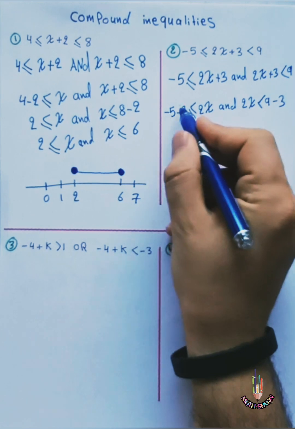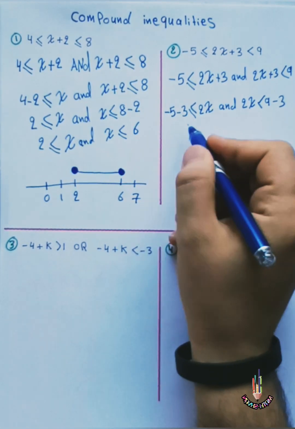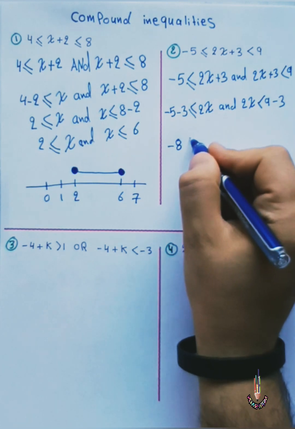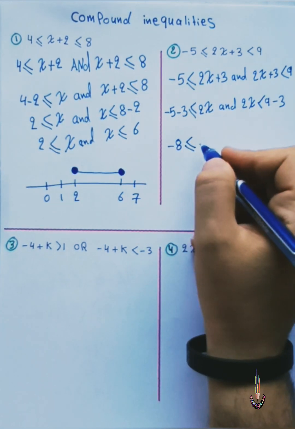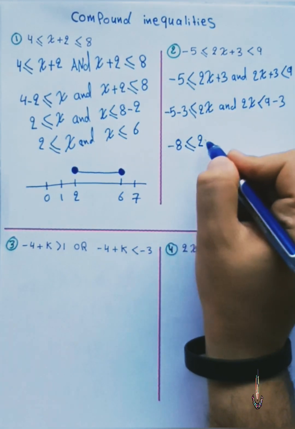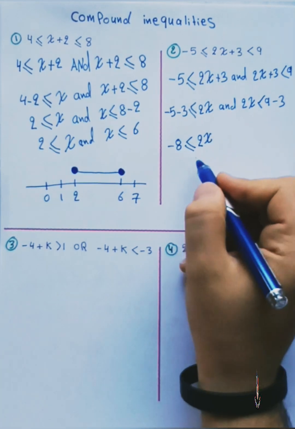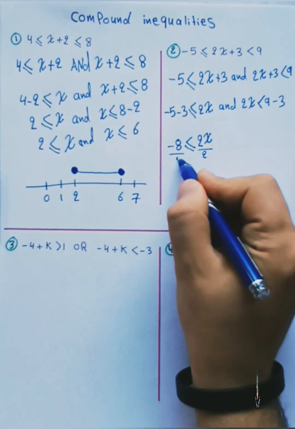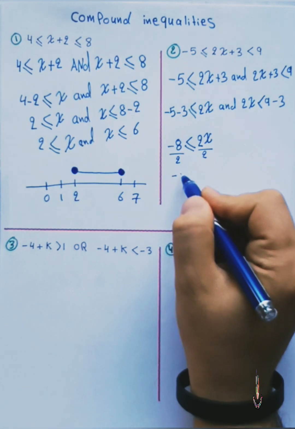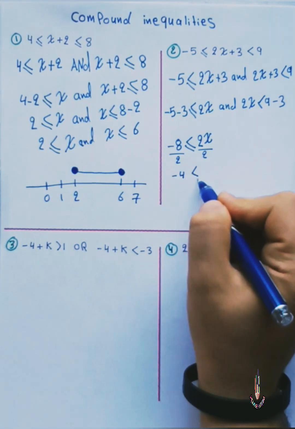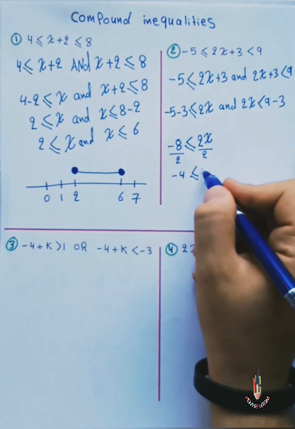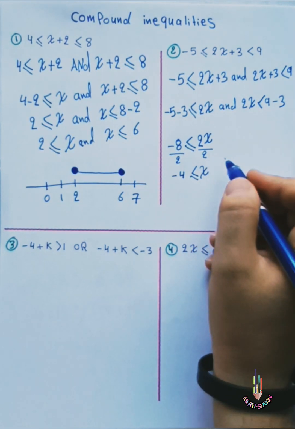After that, negative times negative is positive, so you have to add these two numbers. 5 plus 3 equals 8. So you have negative 8 is less than or equal to 2x. After that, we can divide both sides by 2. So we have negative 4 is less than or equal to x.